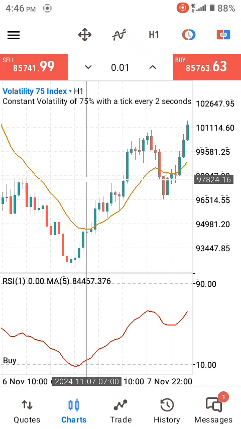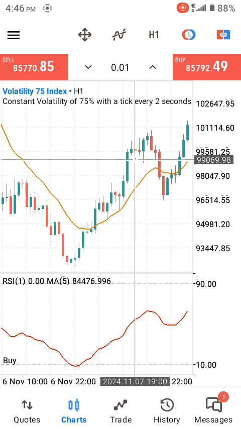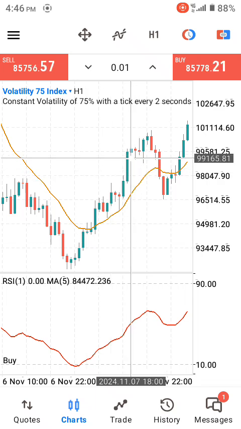You can see this resistance here. I wait for price to trade above that resistance zone, for price to close above that, and you can see I would have entered on this candle. On this candle, that is when I would have entered a buy.